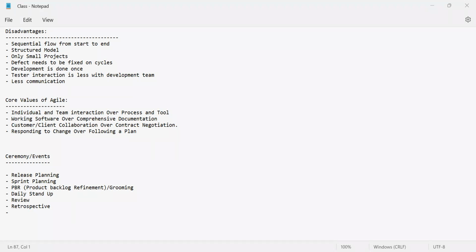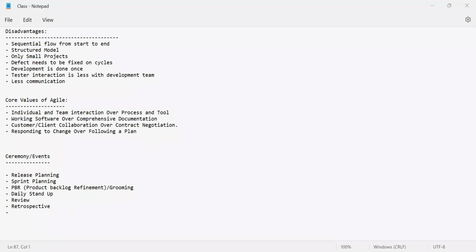So today we will be discussing ceremonies. What do we mean by a backlog, product backlog, and sprint backlog?